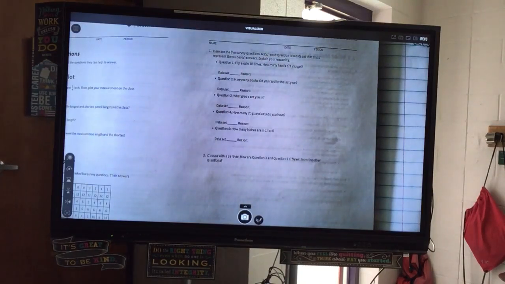I thought it meant like C. Oh, I don't know why I wrote C. I meant D. A's at E, right?